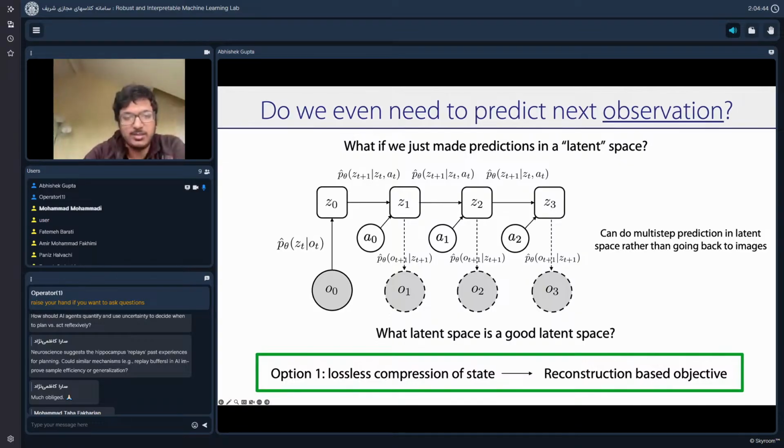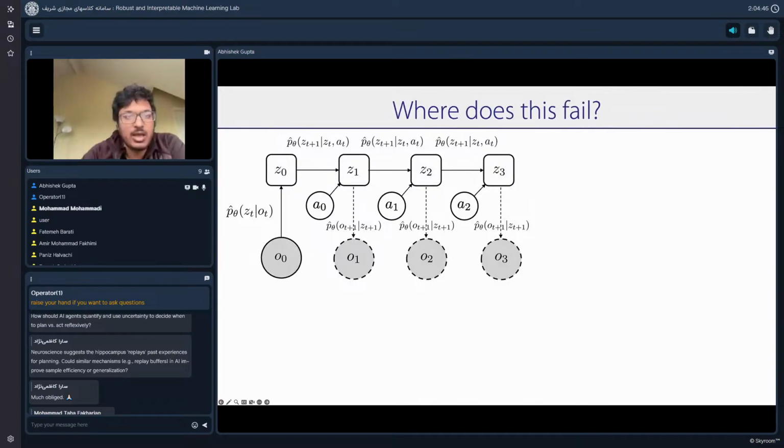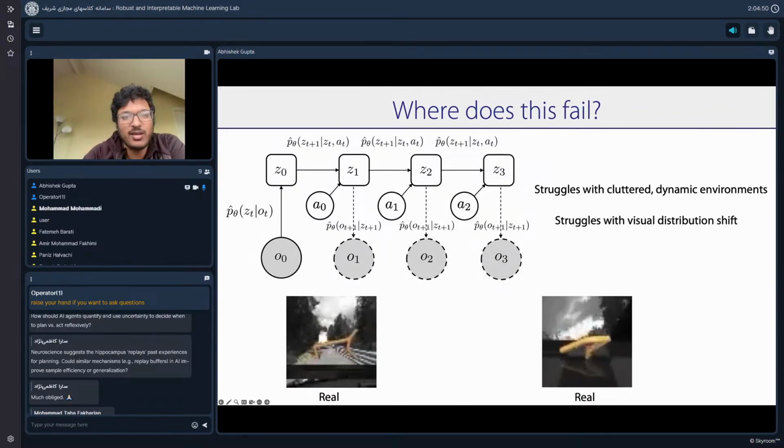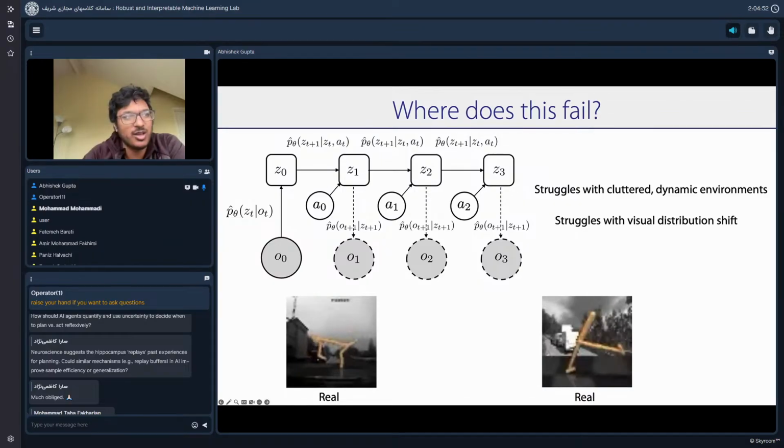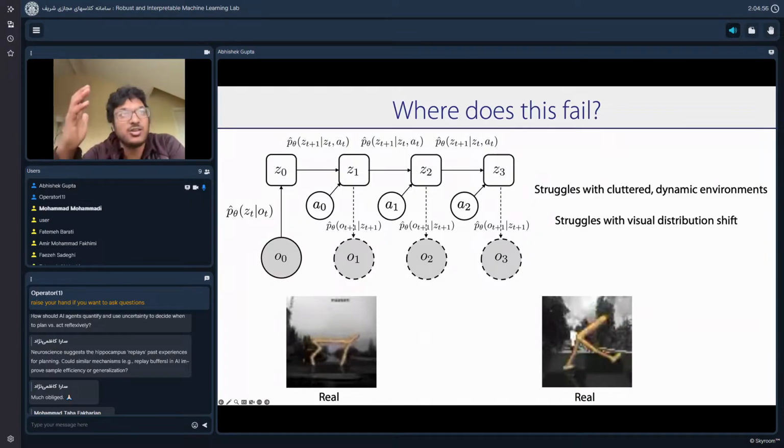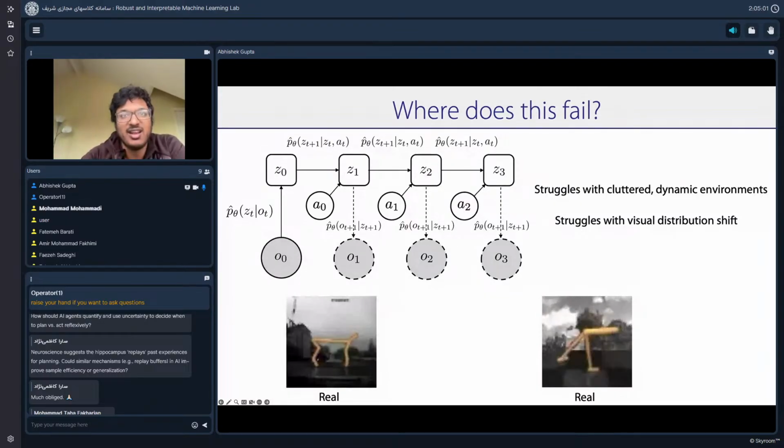So this seems easy enough, and this works in many cases, but it can struggle when you have cluttered dynamic environments or you have visual distribution shift. And a way to think about this is because you're trying to reconstruct the whole observation. Let's think about these two examples, right? You see there's so much complicated stuff going on in the background.